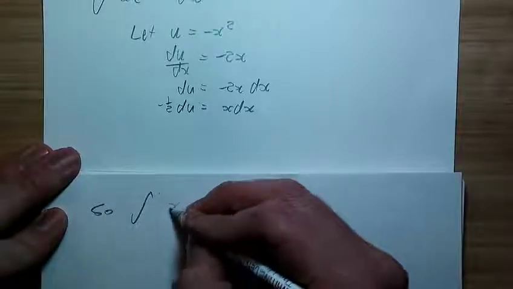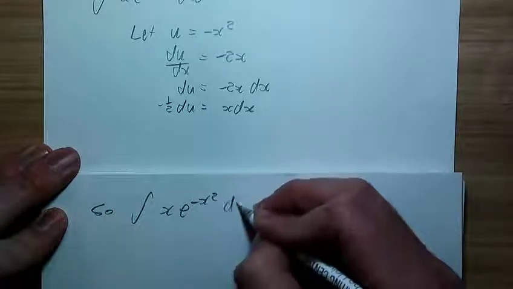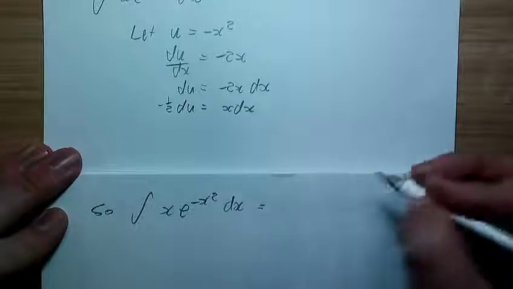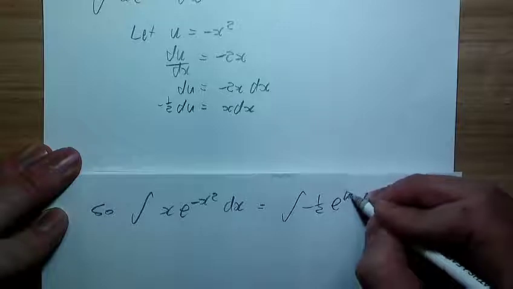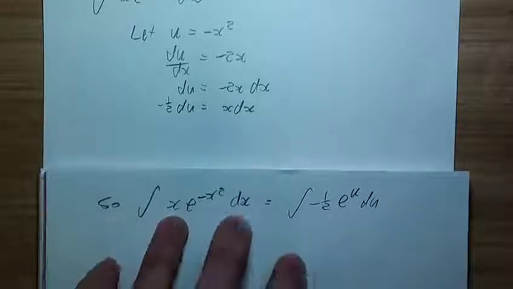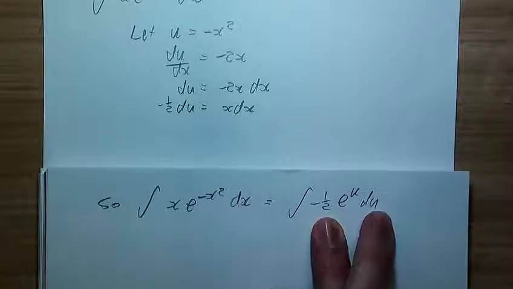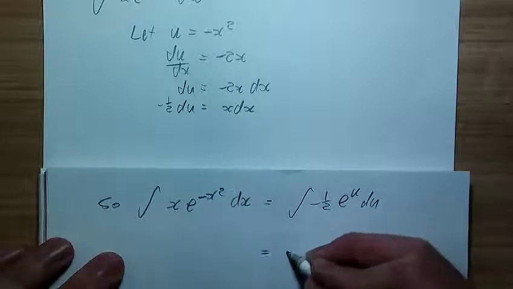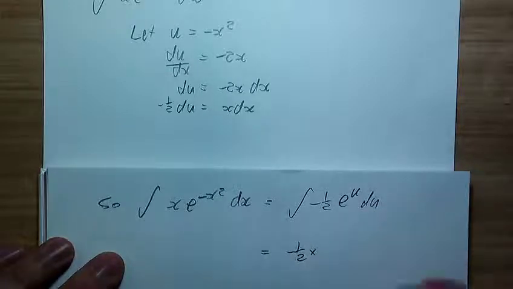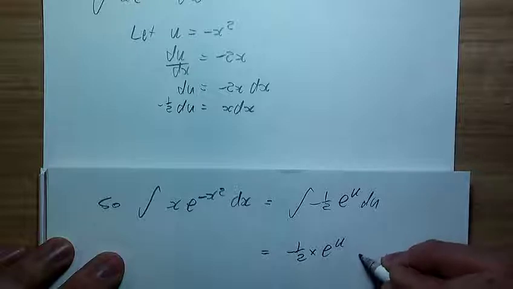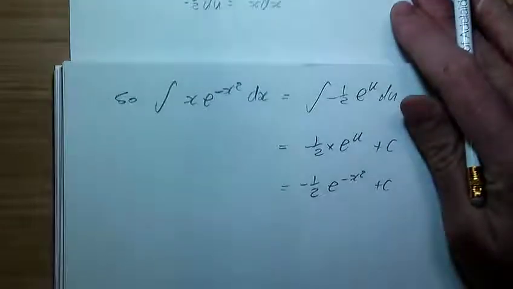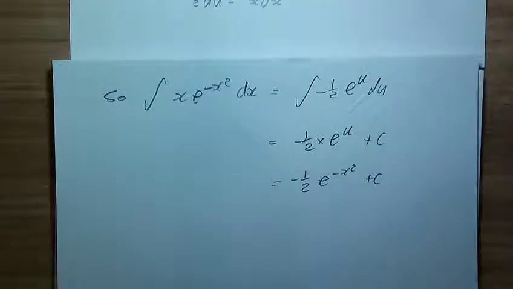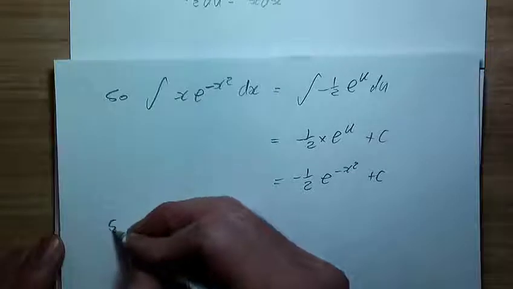So the integral of x e to the minus x squared dx is in fact that, because the x dx becomes a minus a half du. And so the minus a half is multiplied on, so it will still be there afterwards. The integral of e to the u is e to the u. Beautiful. Sorry about that. Excellent. So let's see.